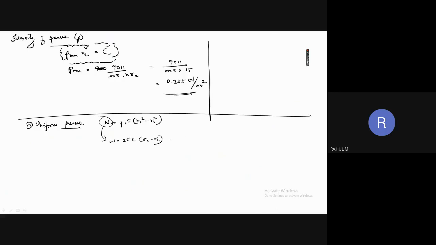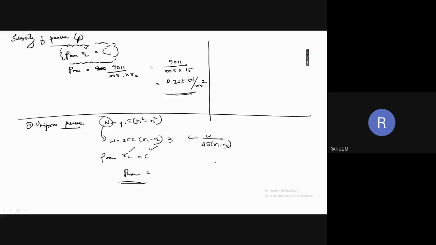Using this relation you can find the value for C, which is W divided by 2 pi into R1 minus R2. This C value can be used to find the maximum pressure using P max into R2 is equal to C. The R2 value is given, and the C value you get from here.